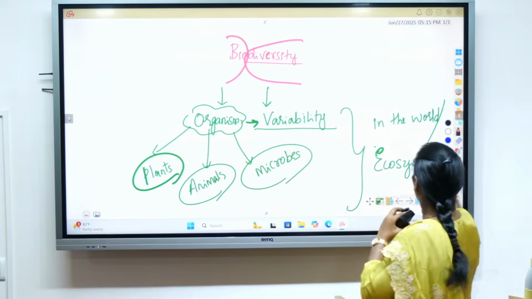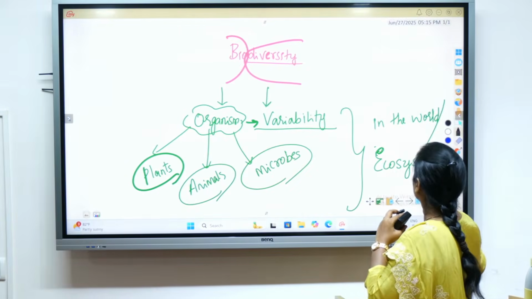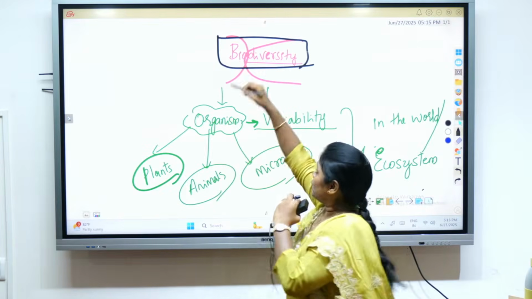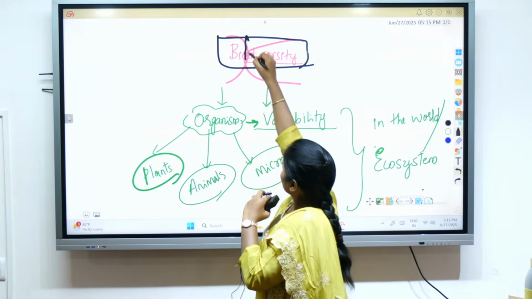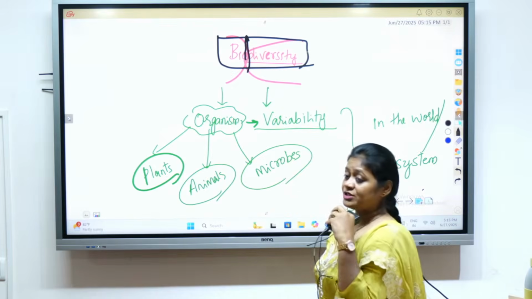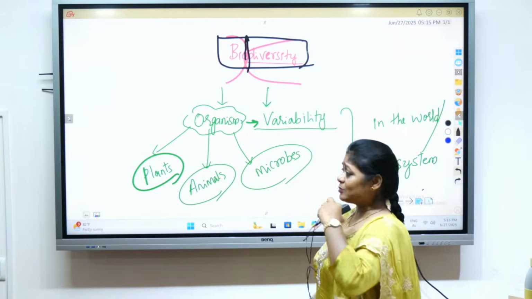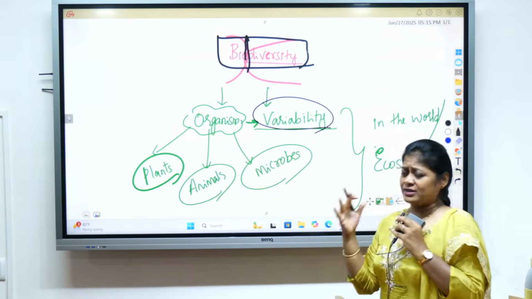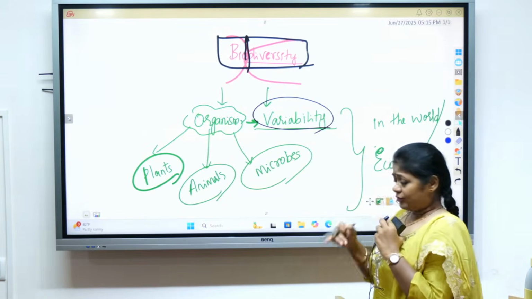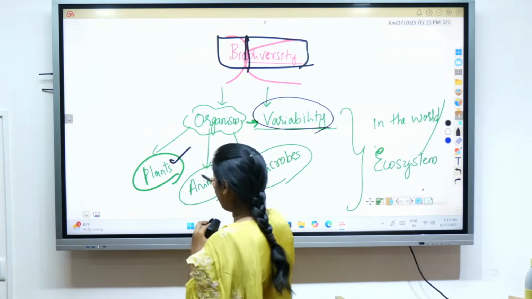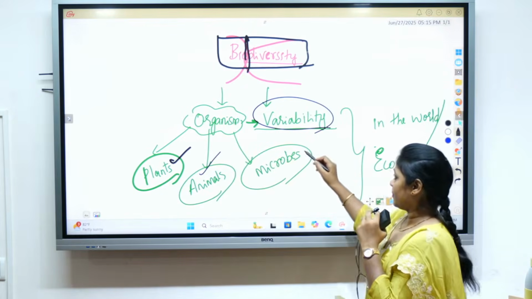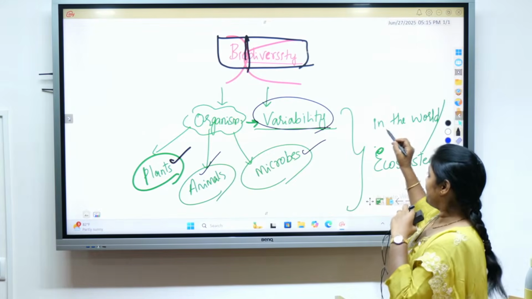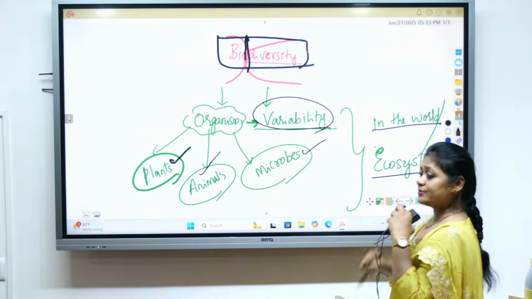Got this? Biodiversity is made up of two words, and we can derive the meaning from them. Diversity is variability, different kinds of plants, animals and microbes present in the world or ecosystem.